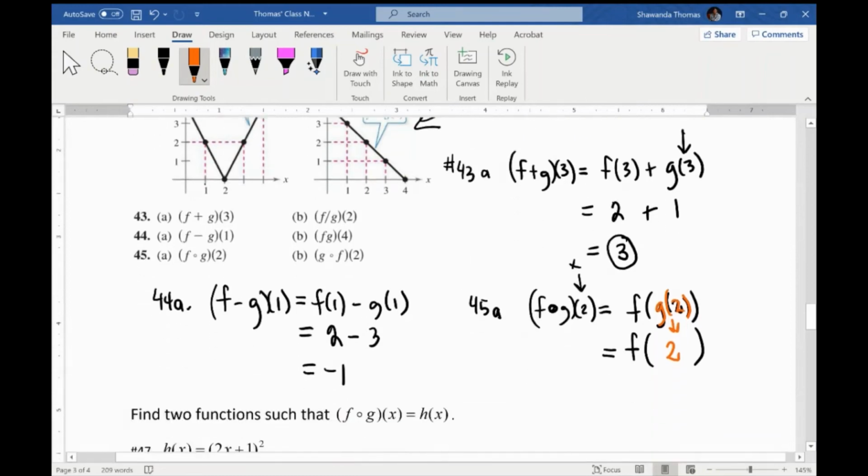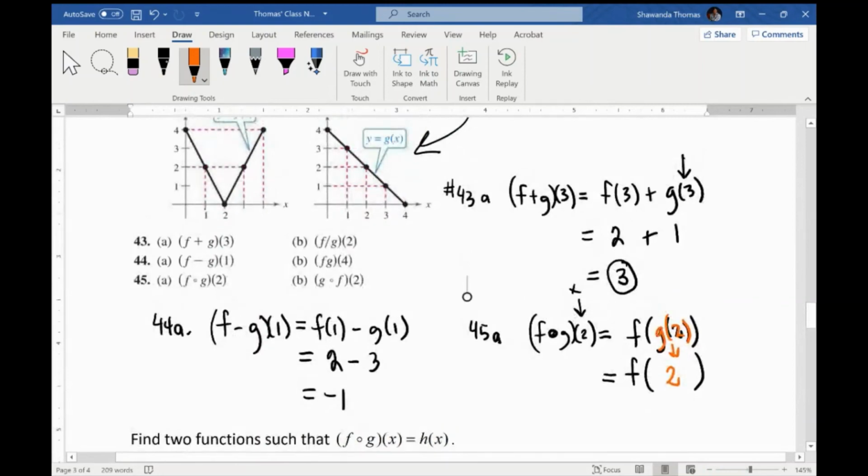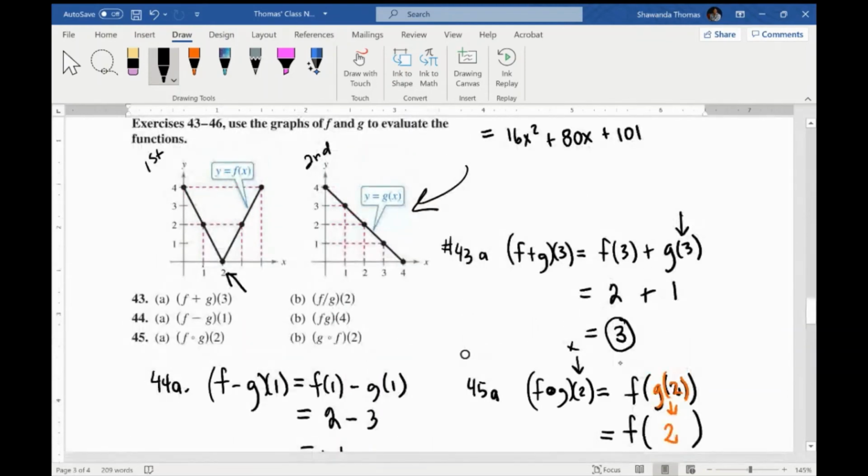What does f of 2 equal? 0. Very good. To get that 0, you go back to the f function. That's the first graph. And this point right here, 2, comma 0. So when x is 2, y is 0.